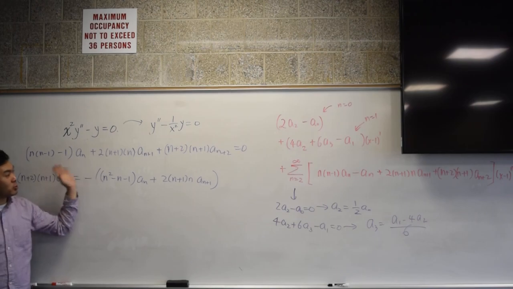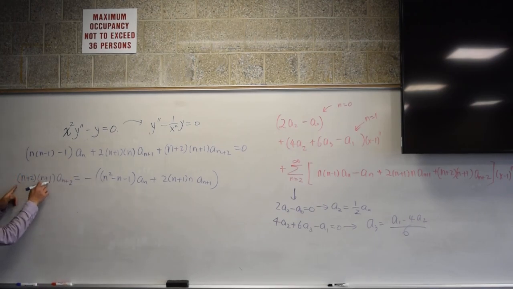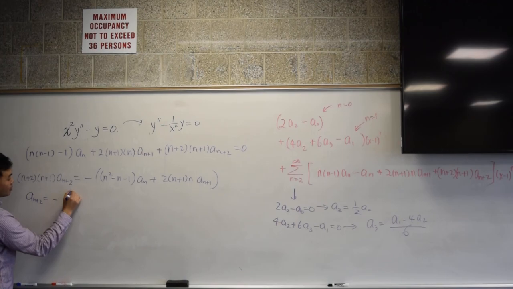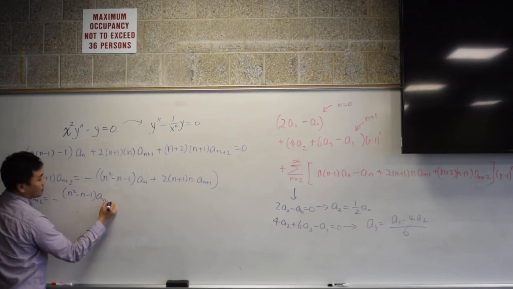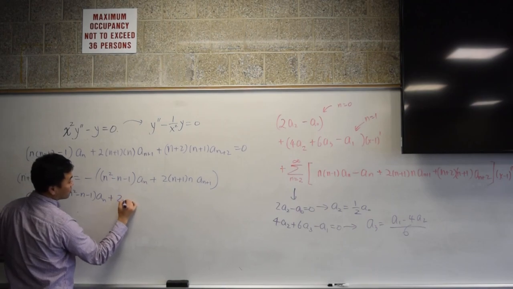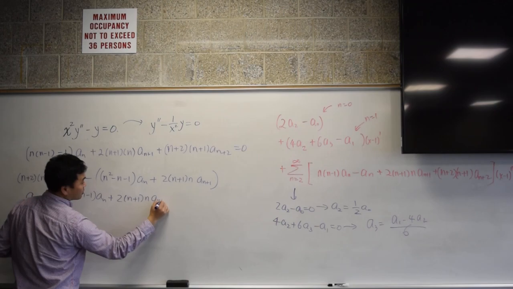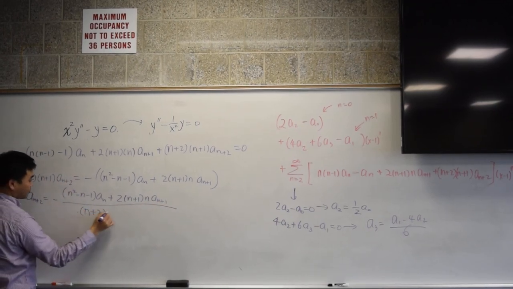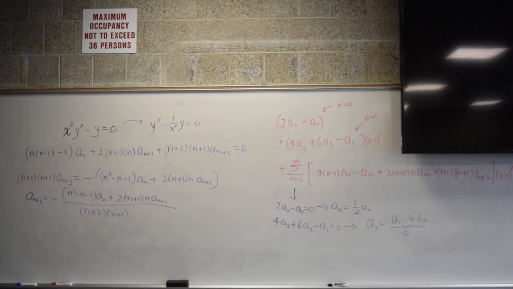Since both of them were brought to the other side, they both got the minus sign. And finally, you divide by this, you get an plus 2 equal to negative n squared minus n minus 1 an plus 2 n plus 1 n an plus 1 divided by n plus 2 n plus 1.